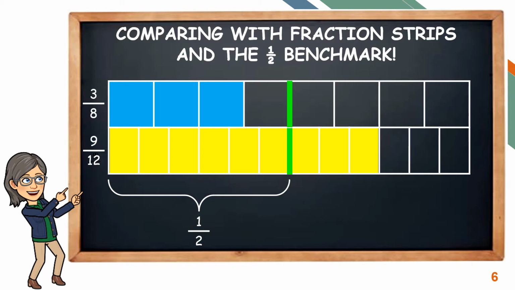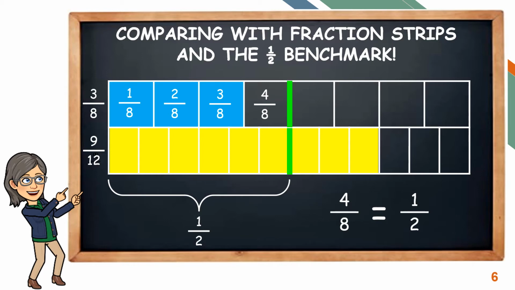Looking at the fraction strip on the top and the blue number sentence, you can also see that 1/2 equals 4/8. Notice that the blue shading for 3/8 is only one part away from 1/2 or 4/8. The fraction strip and the benchmark 1/2 prove that the blue section for 3/8 is less than 1/2 of the whole model.